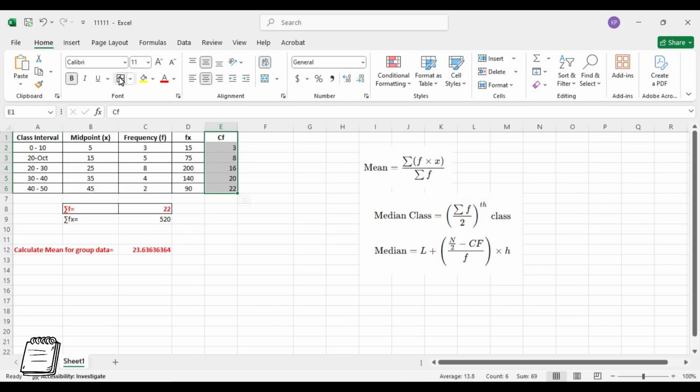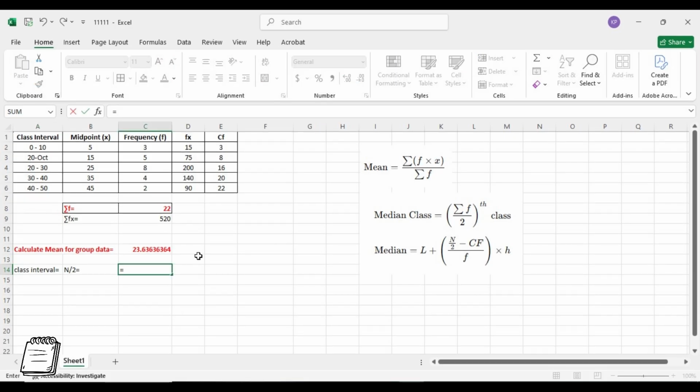Now how we select a class interval is most important. To choose a class interval, we first need to make n by 2. So n is equal to 22 divided by 2, which is equal to 11.